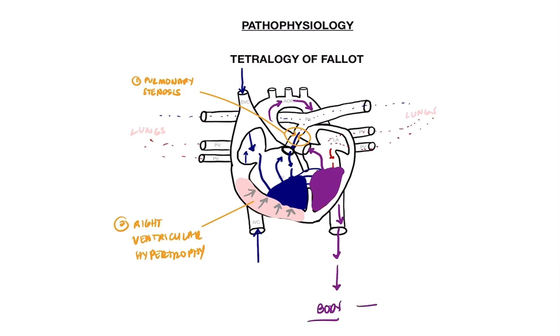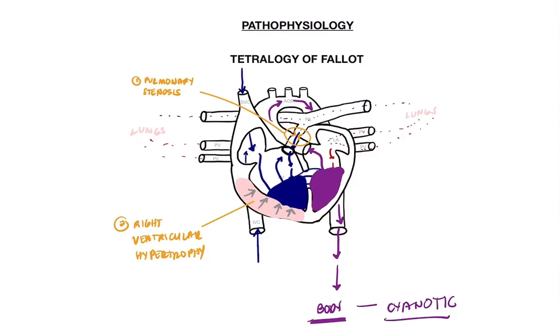Now, do you understand now? It's purple. Do you understand now why the patients are cyanotic? Because there's not enough oxygenated blood being delivered to the rest of the body.